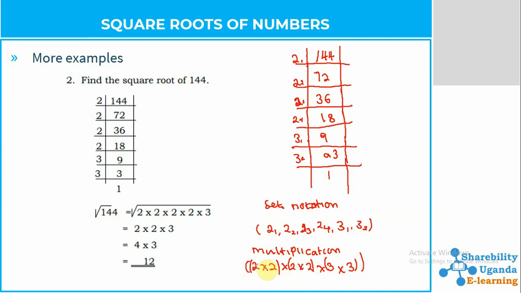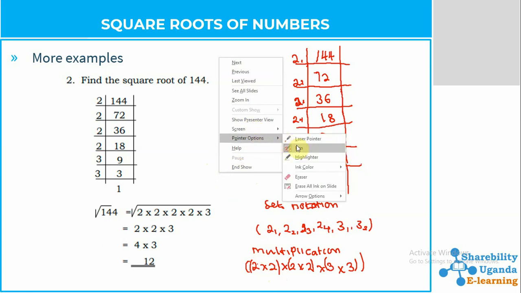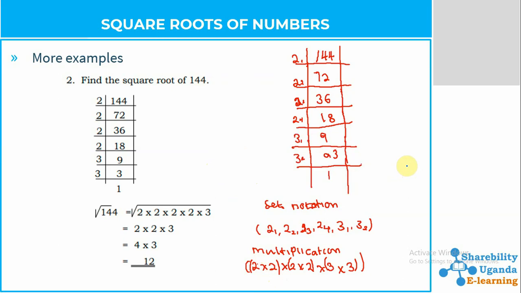Now for us to be able to derive the square root of this number using this method, we shall pick out a number in each of these subsets.